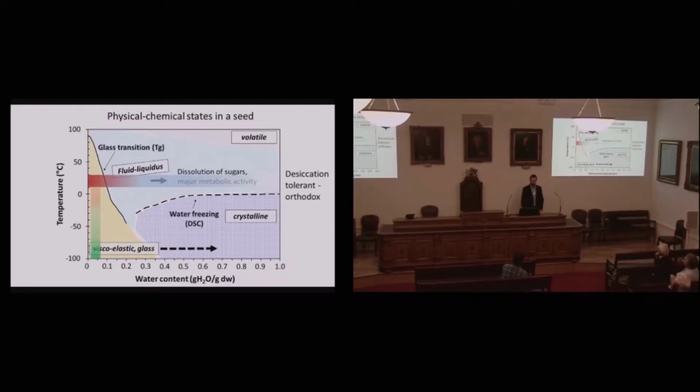But with this kind of desiccation tolerant orthodox material, we don't have problems of ice crystal formation, vitrification, devitrification, cryocrisis, and that kind of thing, because the material is always in a solid state. It's always in the glass form.